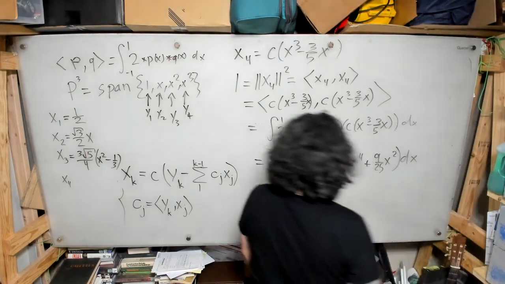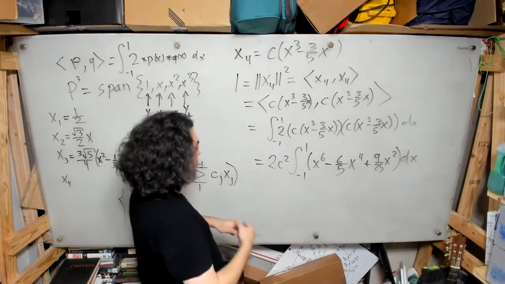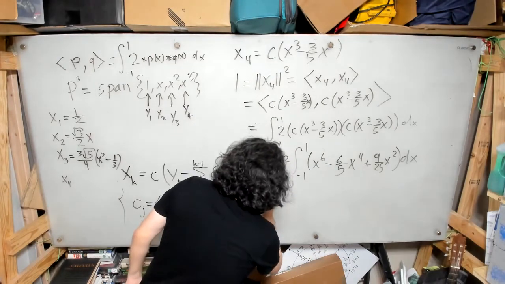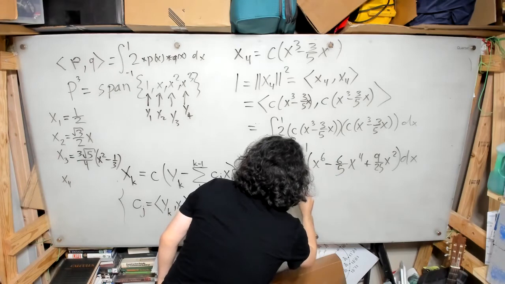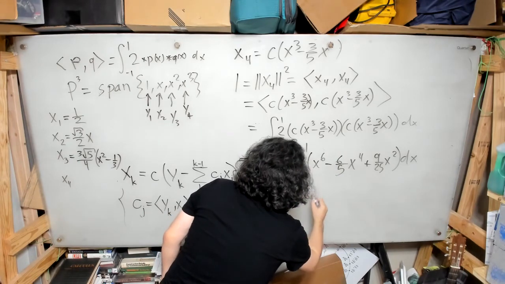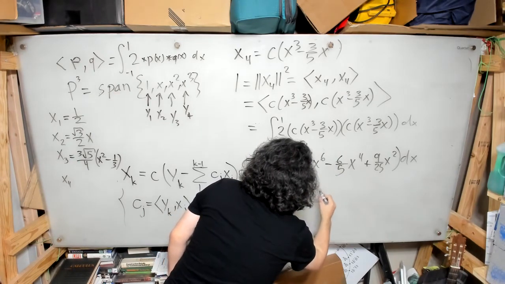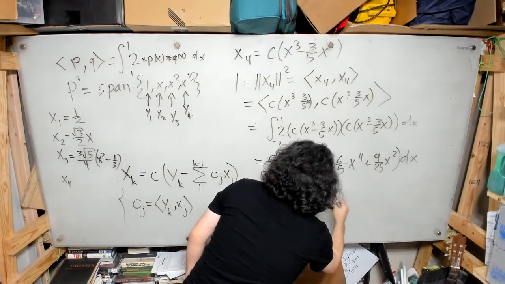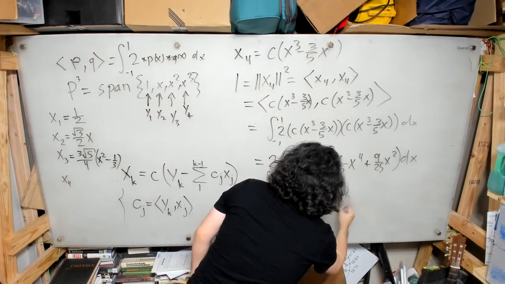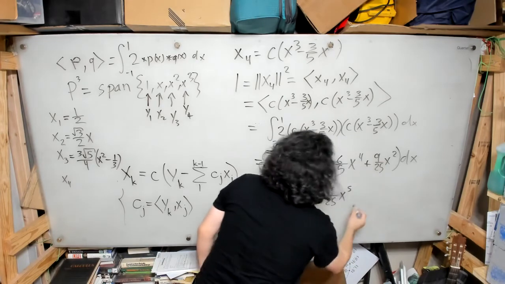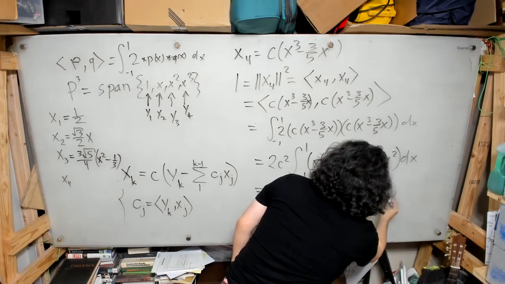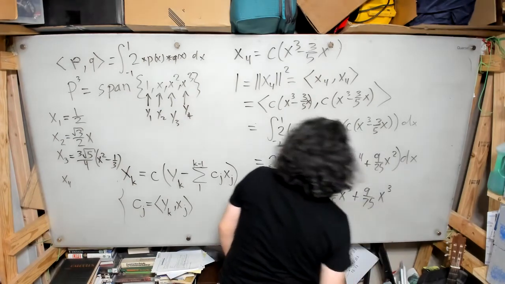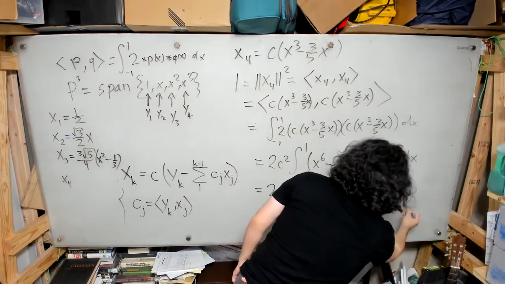Yes. Now I'm going to integrate this. That's going to be 2c squared, open bracket, 1 over 7 x to the 7th minus 6 over 25 x to the 5th power plus 9 over 75 x to the cube power, from -1 to 1.